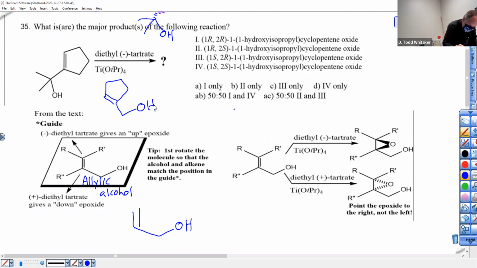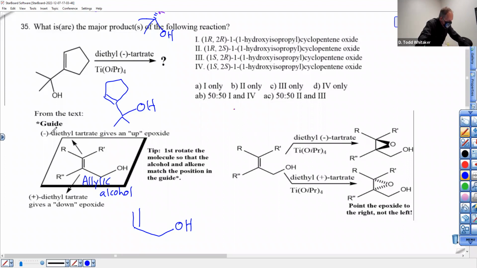That looks a little closer to what's below, right? Sometimes you got to flip it. Sometimes you got to rotate 180, but you need the alkene on the left and the alcohol on the bottom right. And then this little guide works here.